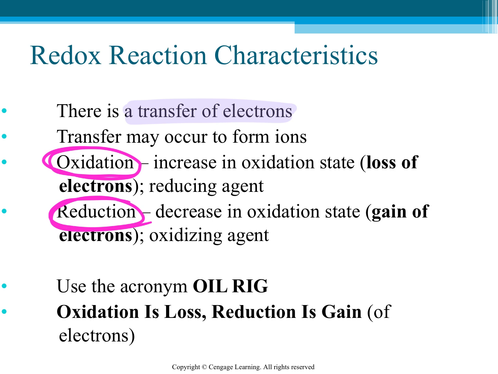Increase in oxidation state means we lose electrons, so our charge becomes more positive. Reduction means we actually gain electrons. That seems backwards, but it's reduction because we're decreasing our oxidation state.